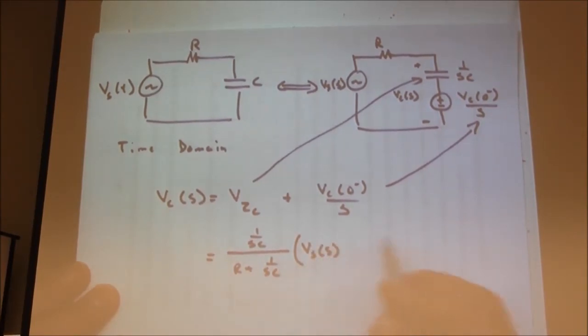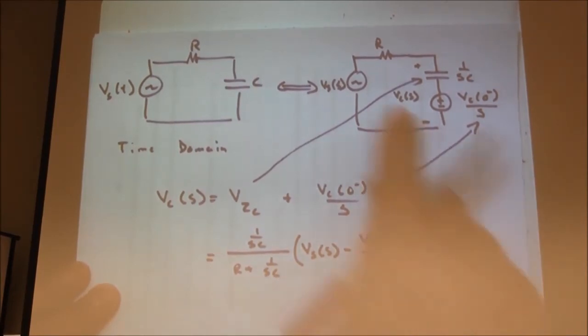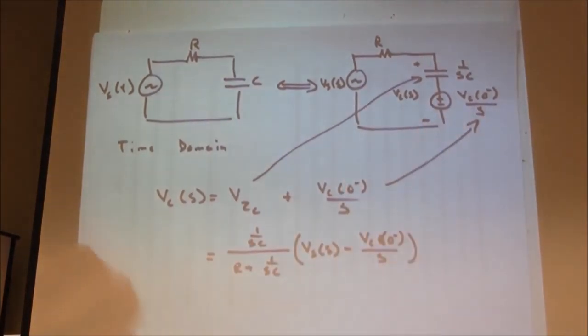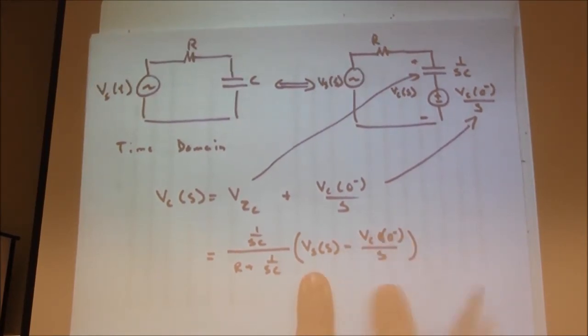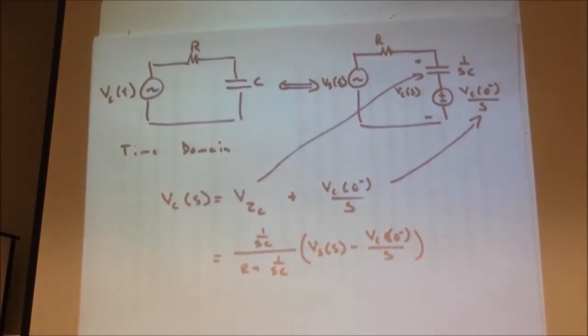V source of S minus VC 0 minus over S. We can do source reduction, which is essentially what this is. Now we don't know what this value is, but mostly we'll look at step functions, so these will reduce fairly well. But that's source reduction. Voltage sources in series add or subtract, depending on the polarity, of course.